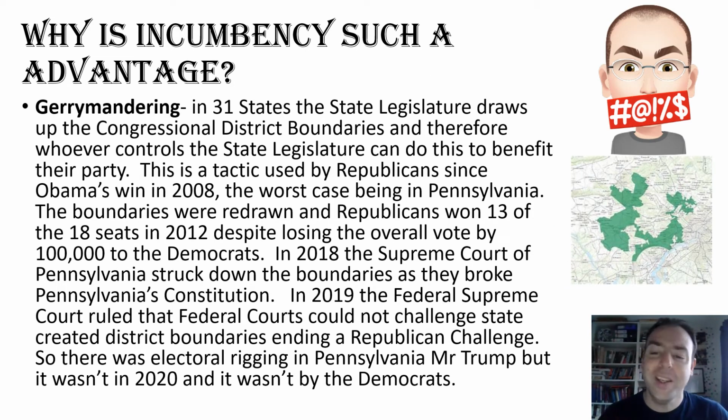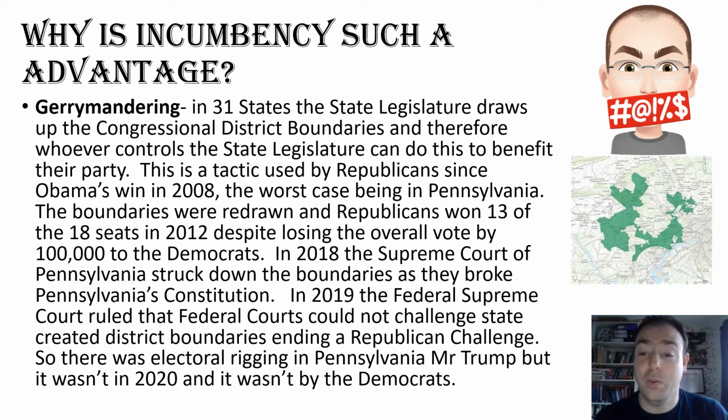So why is it such an advantage? Well, some of this is just horrendously corrupt. So gerrymandering. Gerrymandering is when you draw up electoral boundaries to suit you and make sure that you win.